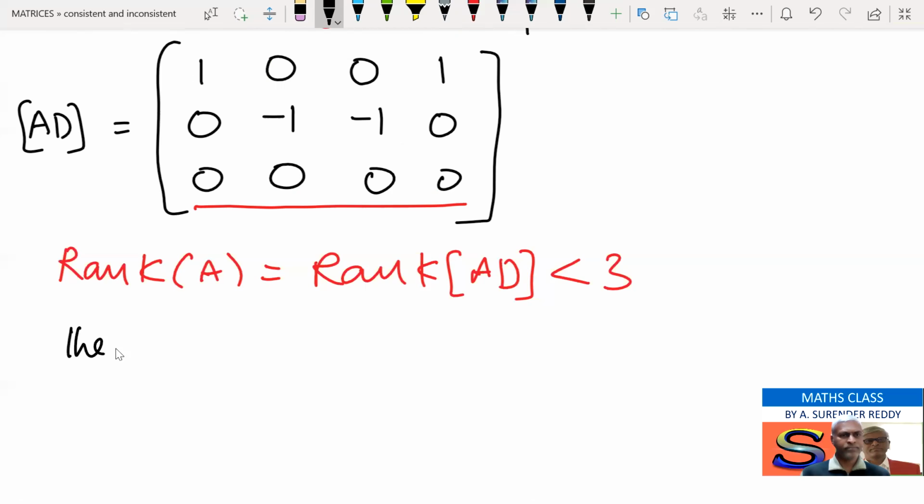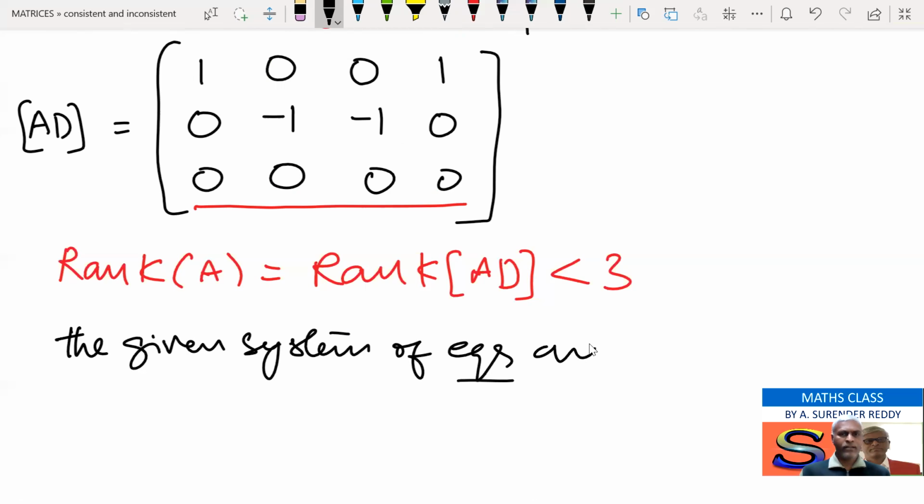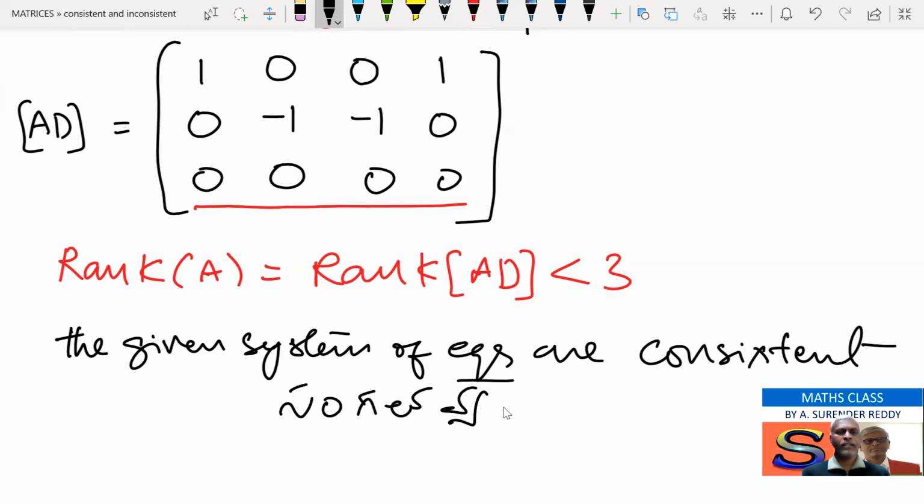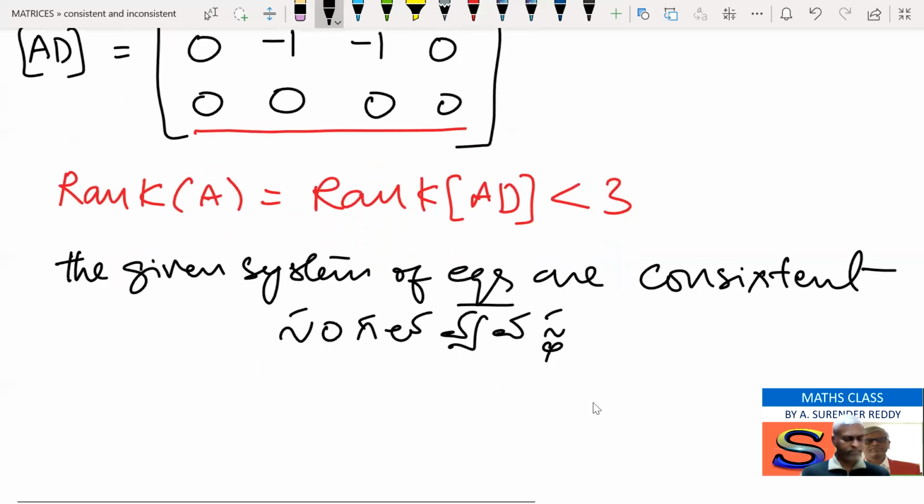The given system of equations is consistent, with infinitely many solutions.